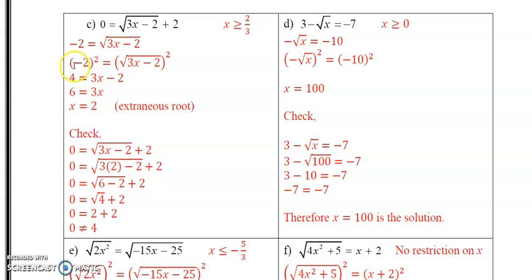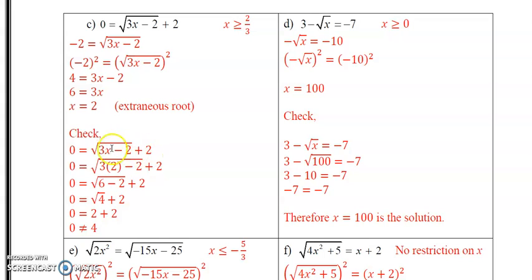So we subtract 2 from both sides. Then you're going to square both sides. -2 squared is 4. The square root of anything squared is itself, so it just becomes 3x minus 2. We add the 2 to both sides. We get 6 equal to 3x, and divide both sides by 3, and we get 2. This is an extraneous root, not because of the restriction. It passed the restriction test, but it did not check out when you plugged it back in.